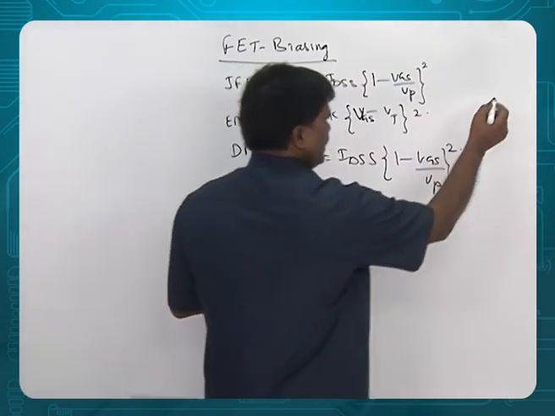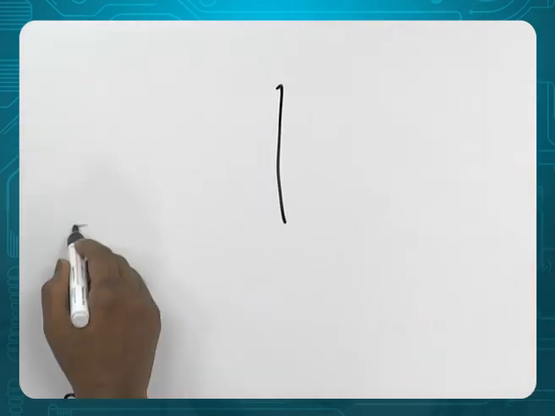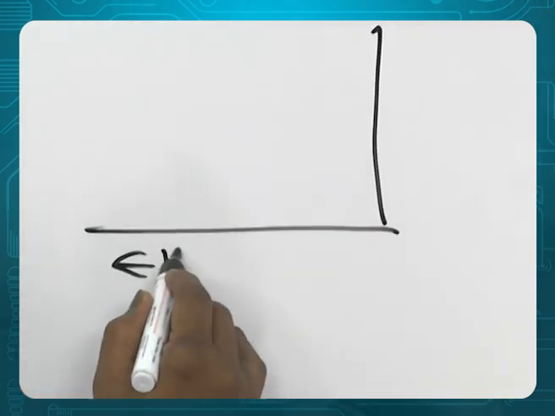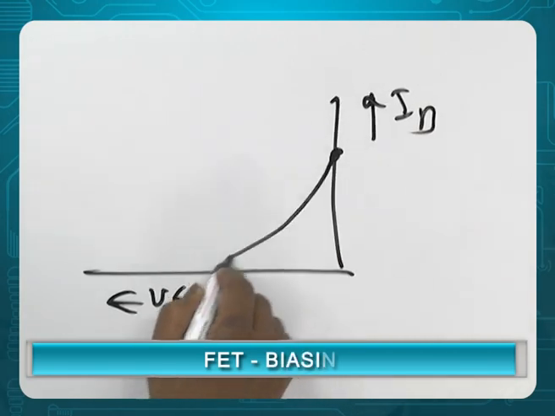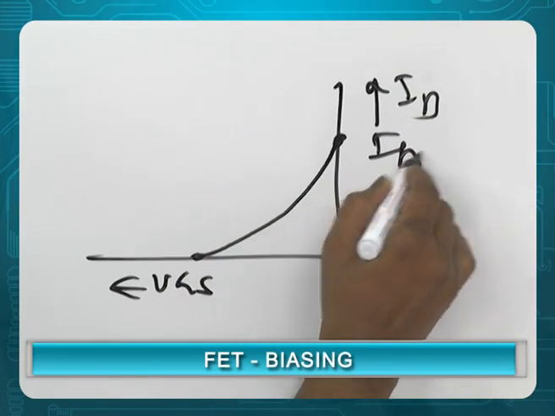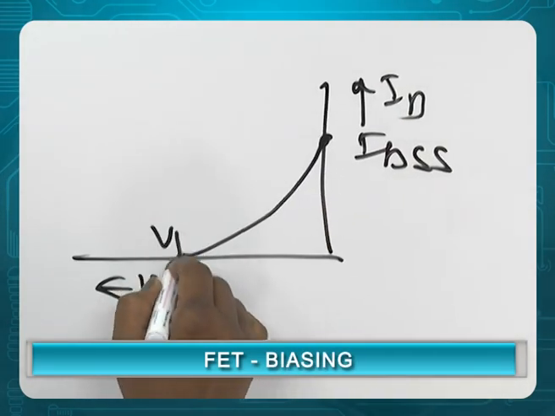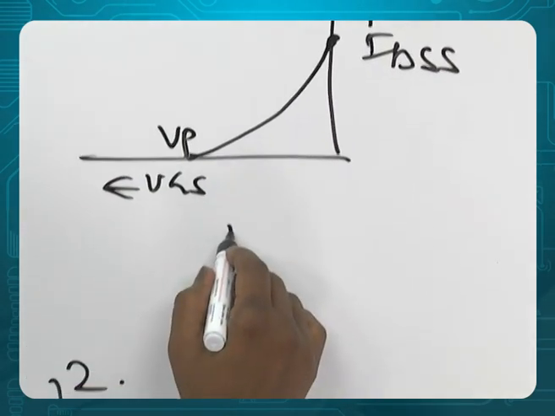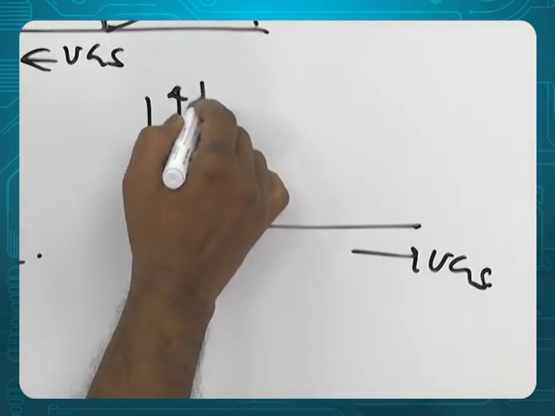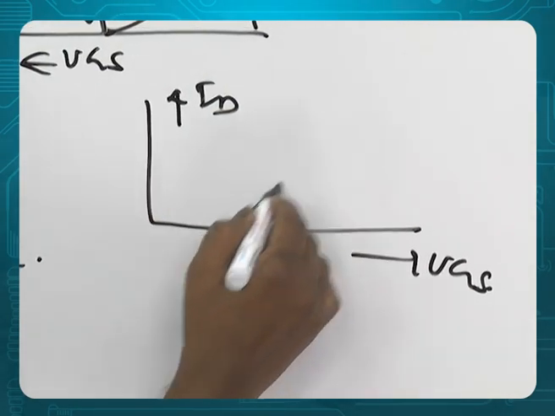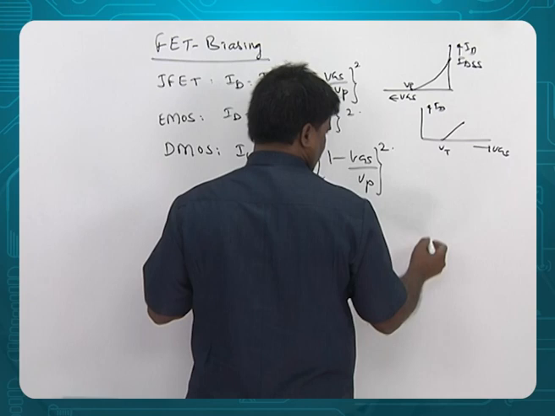And if we see the corresponding characteristics, this is ID, IDSS, VP. For the second one, VGS, ID, VT.